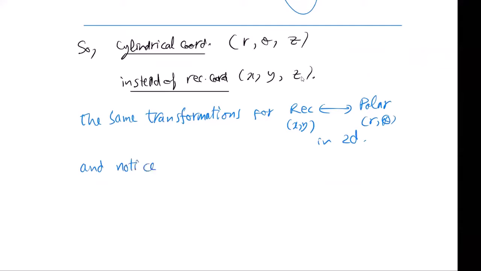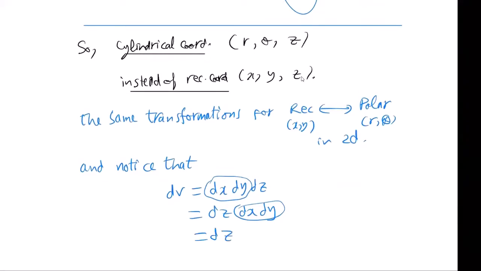Notice that dV, which is dx, dy, dz, and it has many other forms, dz, dx, dy, or dz, dA simply. dA is dx, dy, and any of these will be r, dr, d theta, dz.